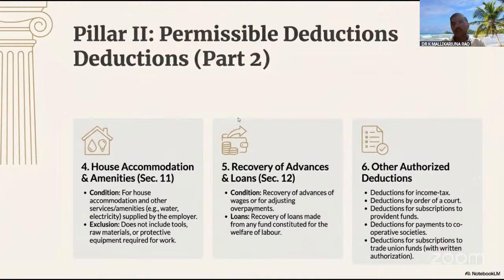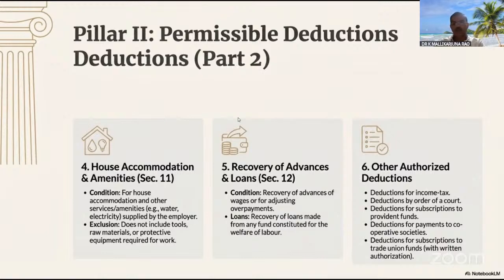Other authorized deductions include income tax, court orders, subscription to the provident fund, and payments to cooperative societies. As employees, we pay every month group insurance, income tax, and subscriptions for general insurance, what we call APGLI, TSGLI.